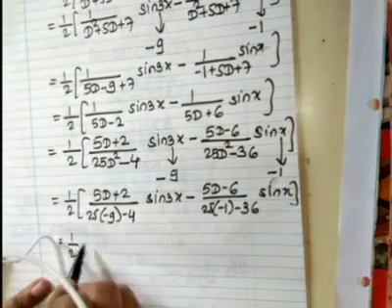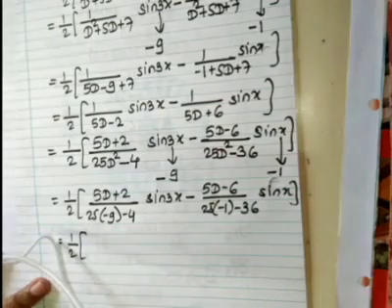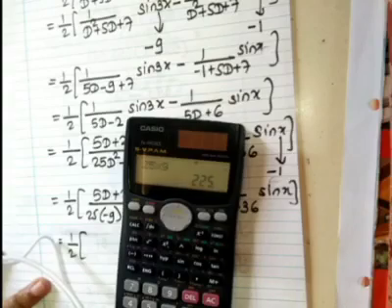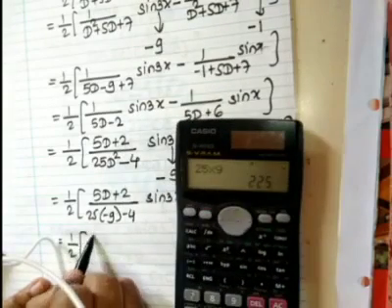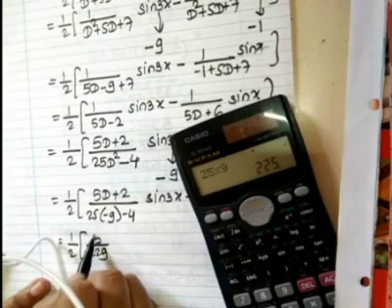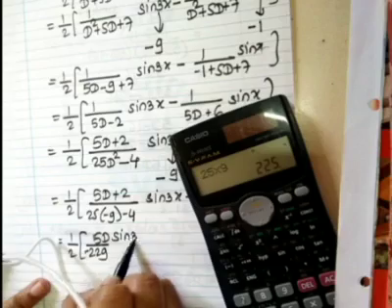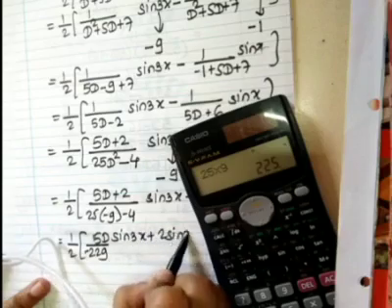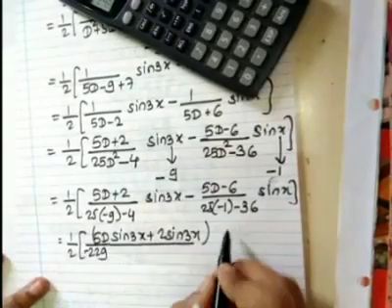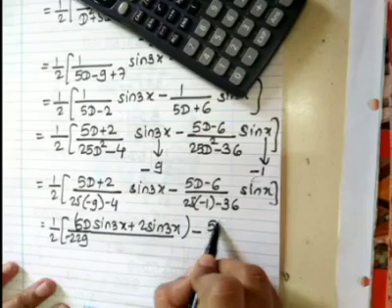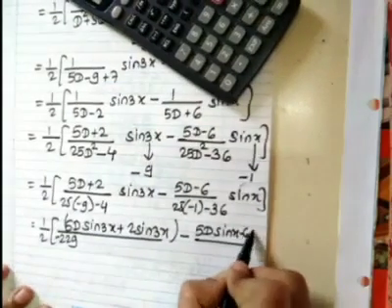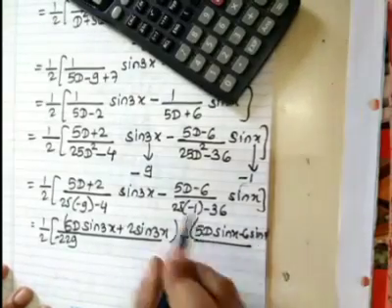That is 1/2. How much is this term? 25 into 9 is 225, minus 225 minus 4, minus 229, into 5D sin 3x plus 2 sin 3x, minus 5D sin x minus 6 sin x upon, how much is this?